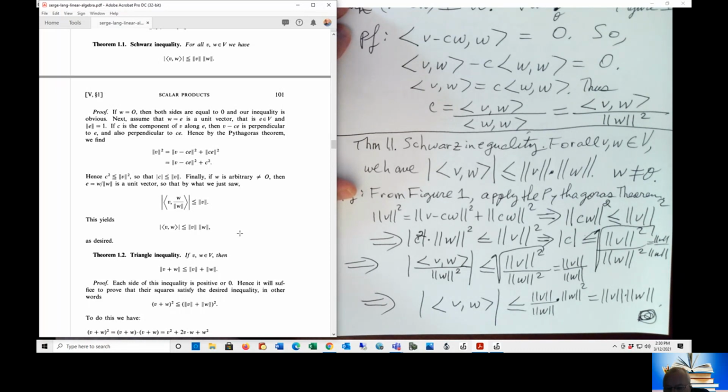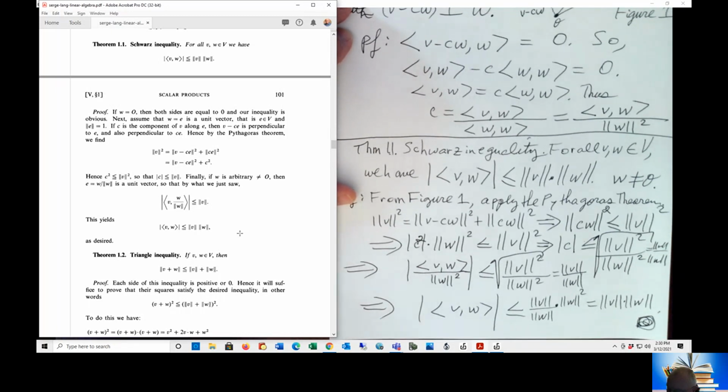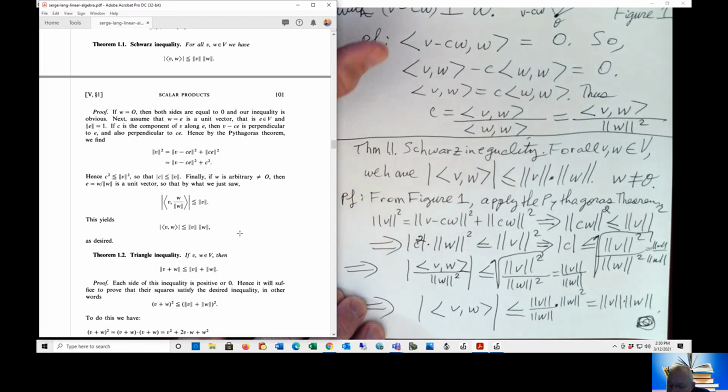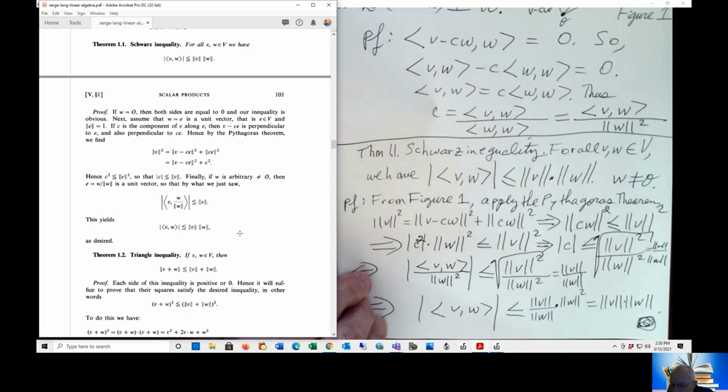So the absolute value of V dot W is less than or equal to norm V times norm W. And this Schwarz inequality is used over and over again in proving theorems, not only in linear algebra, but in other areas of math as well.